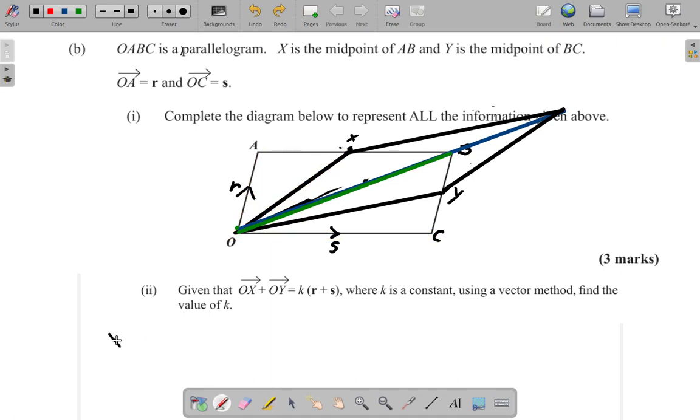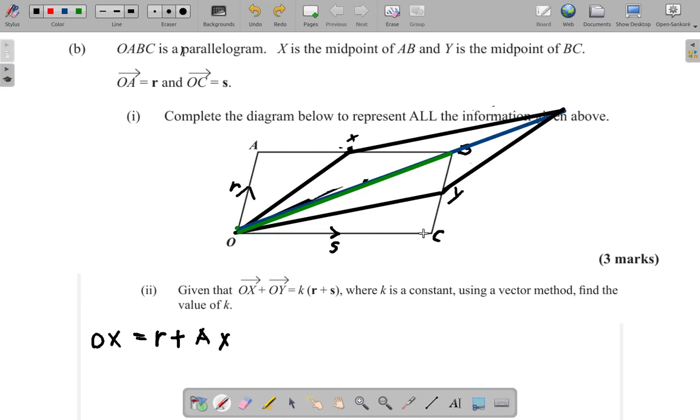So OX, follow the cursor, OX is OA, which is R. OX is R plus AX, but AX is halfway from A to B, it is half of AB.